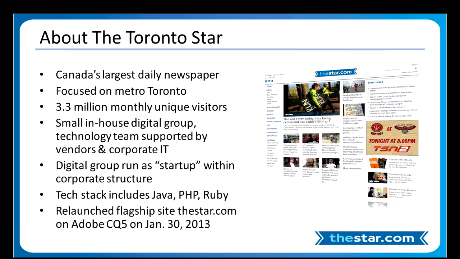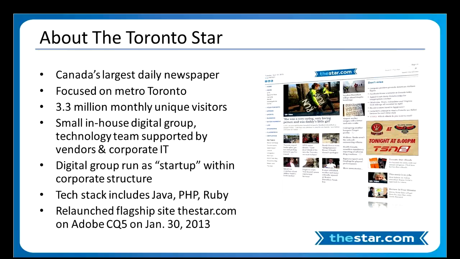In terms of our organization, I'm part of a small in-house digital group within the Toronto Star, the larger print organization. There are about 30 of us in the digital group, and we have a small digital technology group of about 10 people, and we're supported by both external vendors and our corporate IT folks as well.